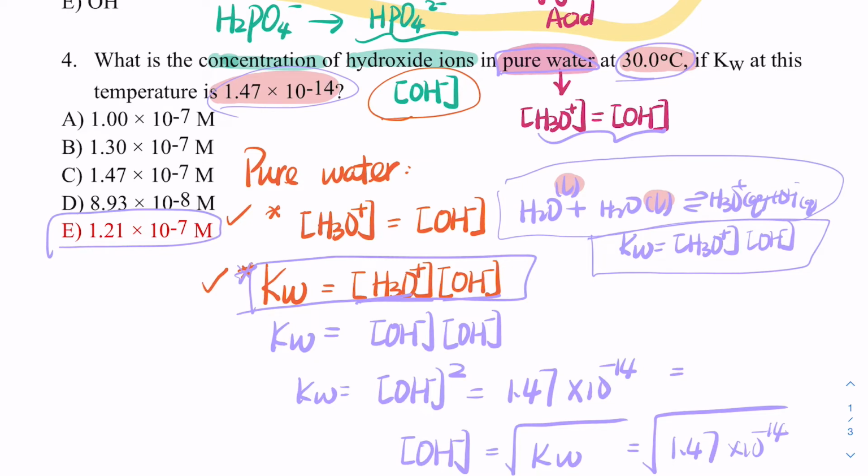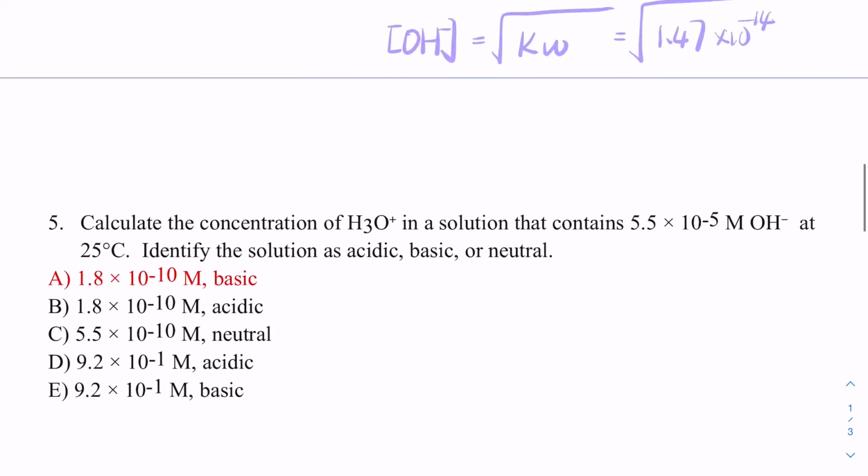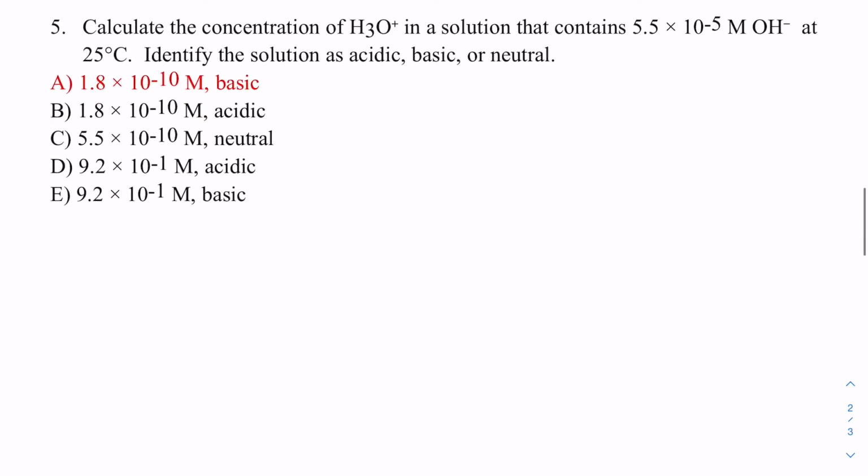With knowing this, let's keep going with the next question. This solution seems like it's not going to be neutral. It has a hydroxide ion concentration of 5.5 times 10 to the negative 5 at 25 degrees Celsius. Once you see the temperature, you know it is not neutral.